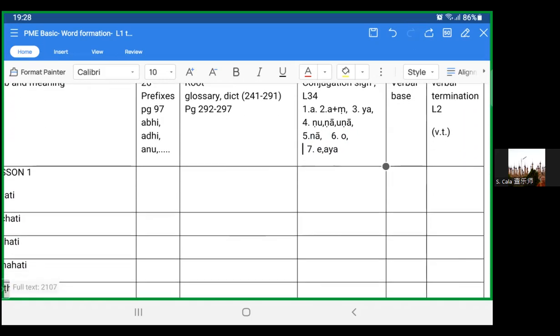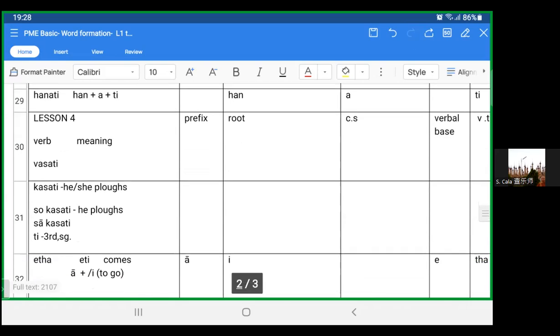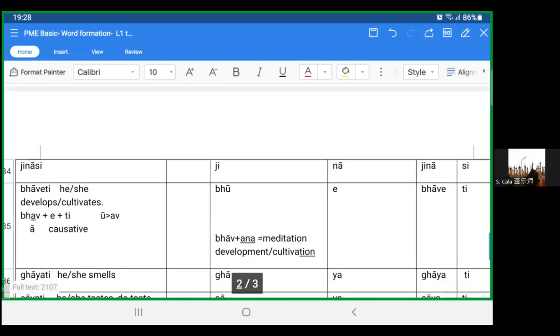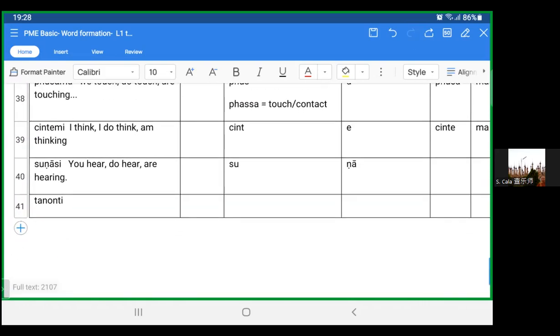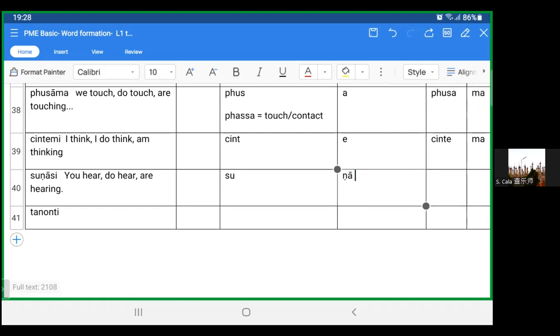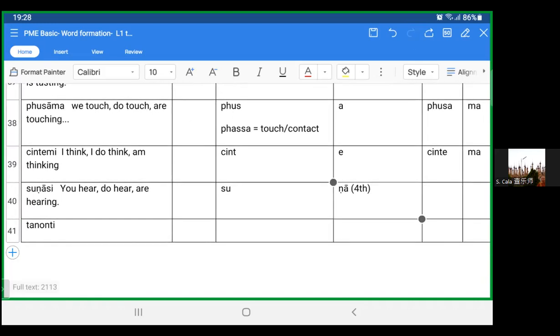All right, so this is how we call it, sunna. Actually, when you want to pronounce it with the end dot, you need to roll your tongue. So group number 4, sunna. The last one is the verbal termination, si.